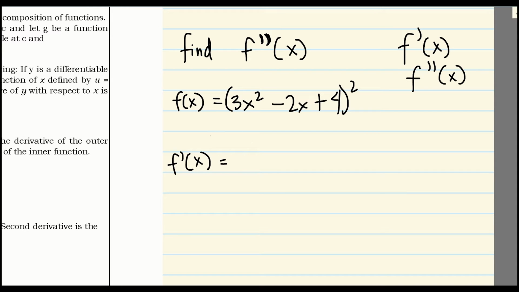First, we know this is u to the power of n, right? If we derive that, it will be n times u to the power of n minus 1.